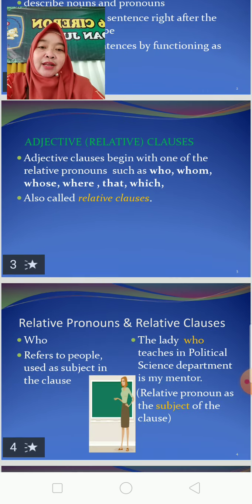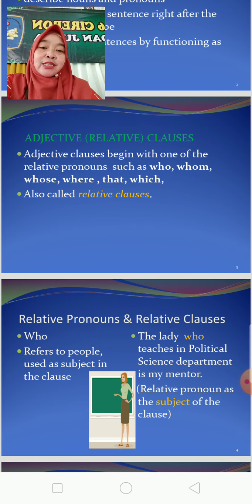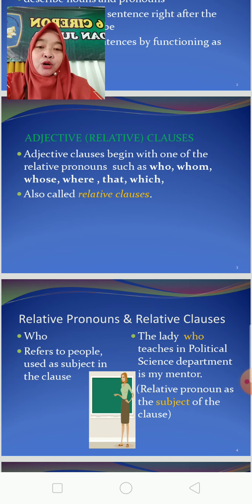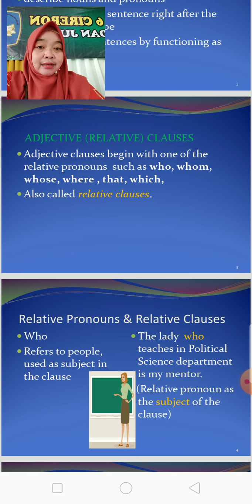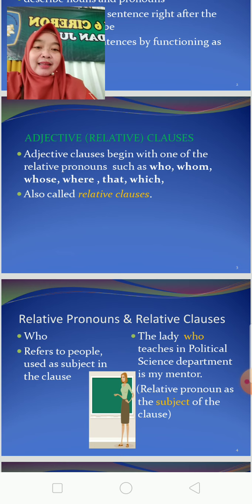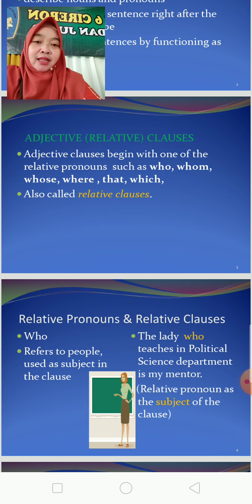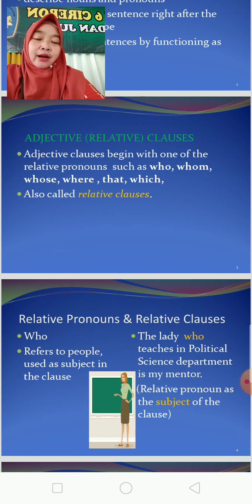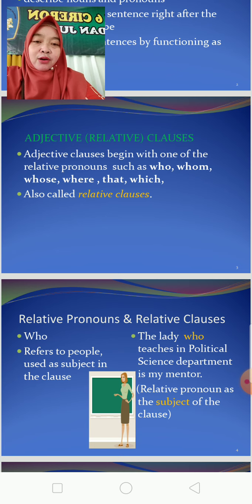Adjective clauses always begin with one of the relative pronouns such as whom, who, whose, where, that, which. Whom, whose, where, that, which are also called relative pronouns.